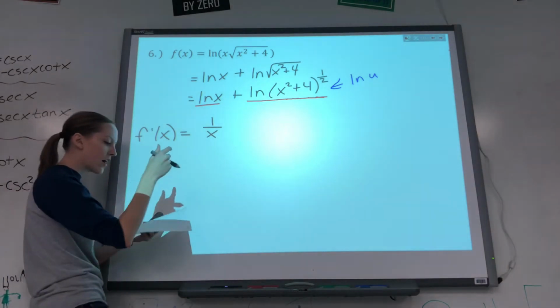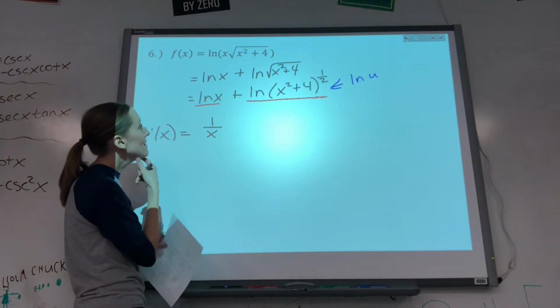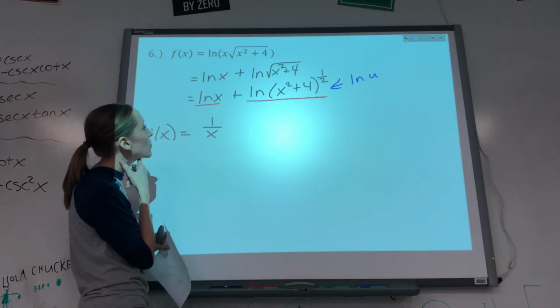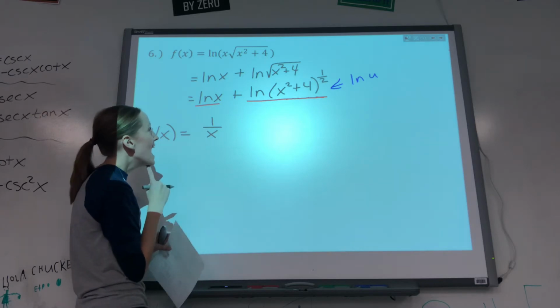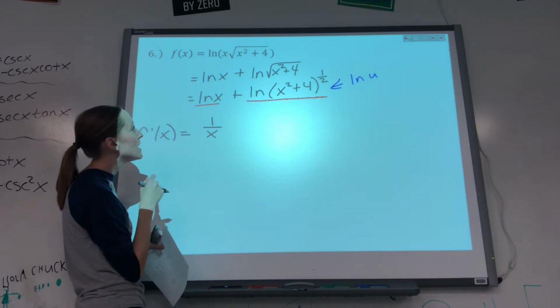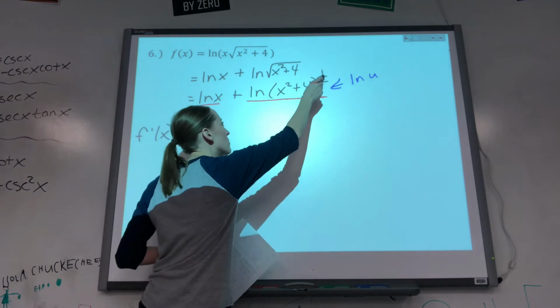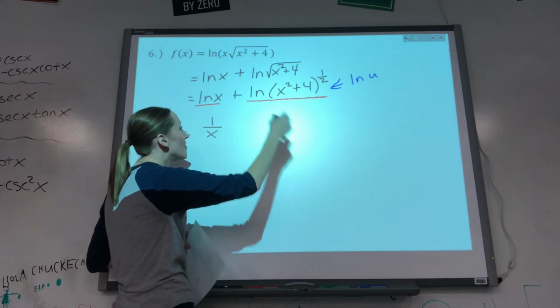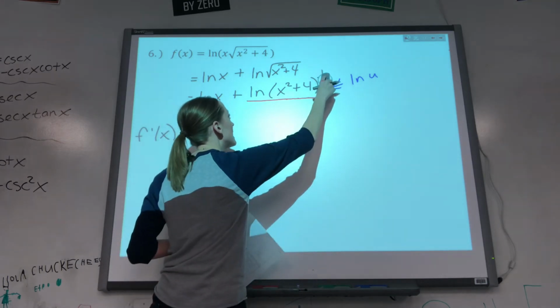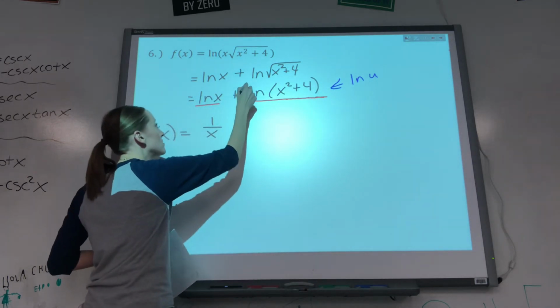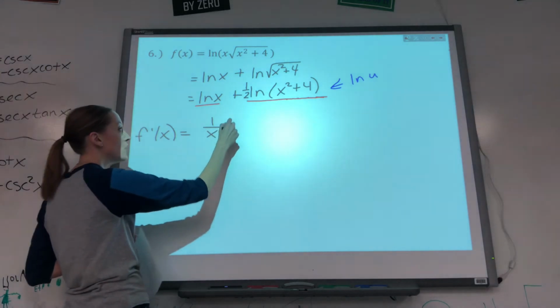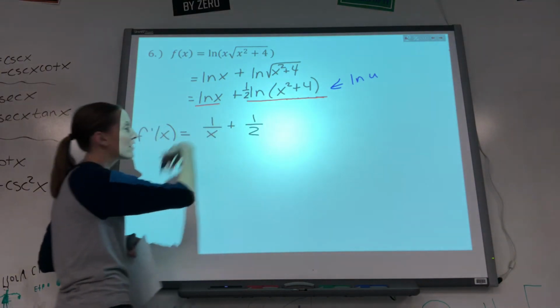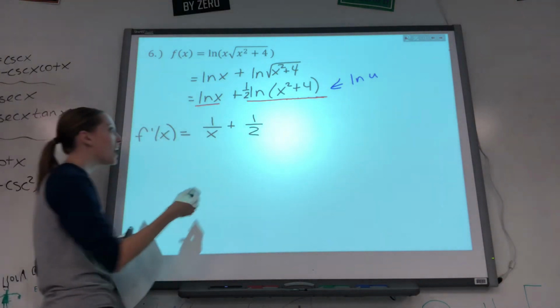So I'm going to start out by, actually, there's 2 different ways we could do this. I'm thinking of another property of logarithms. Anybody remember what we can do with a power? Yeah, that actually might be a little bit easier. If you want to use the power property too, the 1/2 can just stay out front.